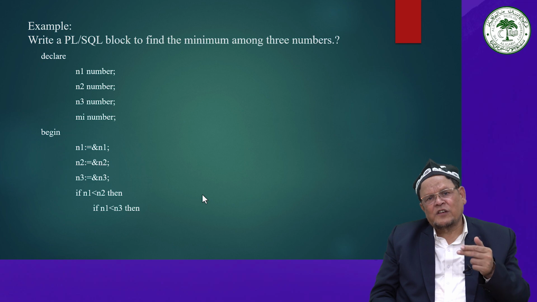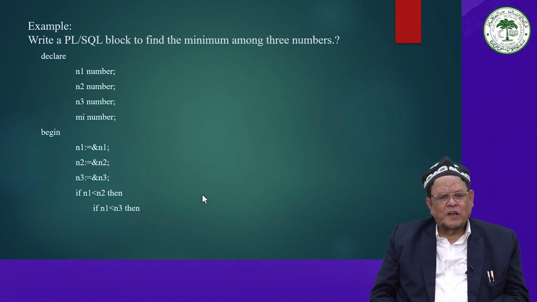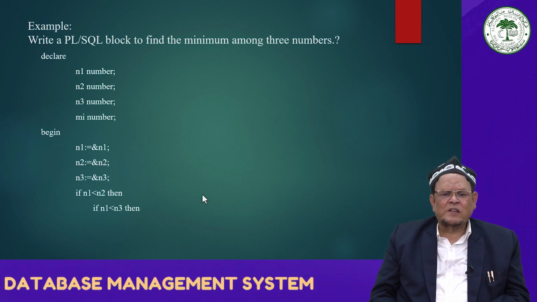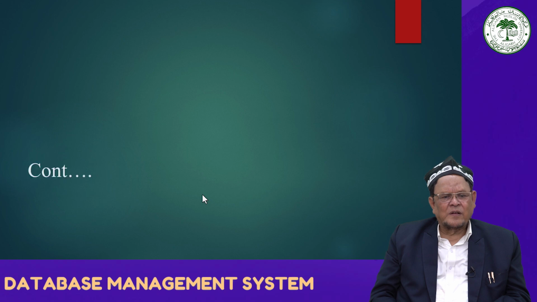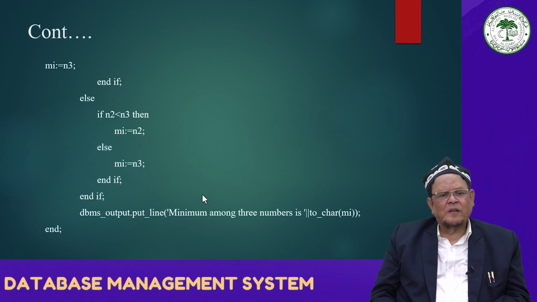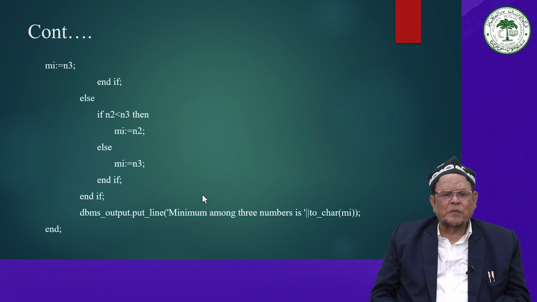Within this, a nested if: if n1 is also less than n3, then we can say minimum is n1, else minimum is n3. And else, if n2 is less than n3, then minimum is equal to n2, else minimum is equal to n3.